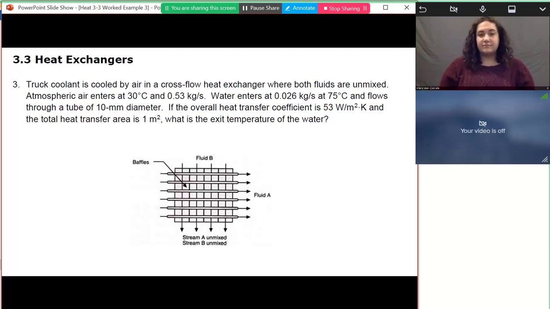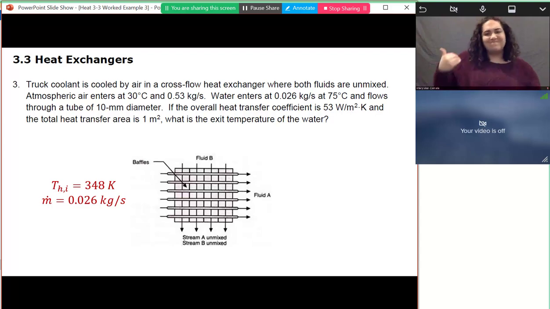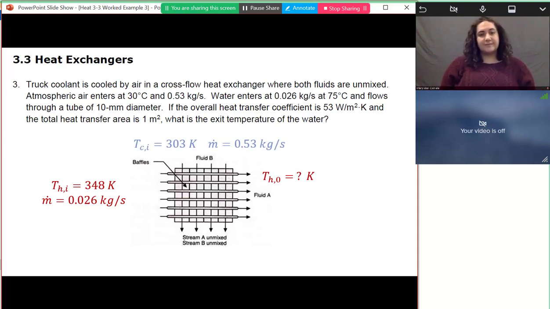So now it asks us, what's the temperature of the water? So this one's a little different than the last one we did, because here we know the size, we just don't know how much heat is being transferred. So we know the temperature on the hot side inlet and the mass flow rate. We know the mass flow rate and the temperature of the cold inlet, but we don't know either outlet temperature.